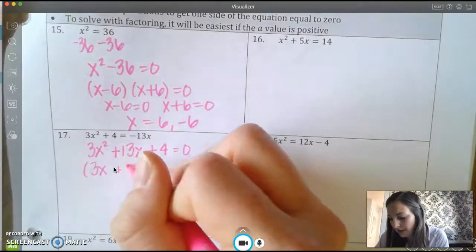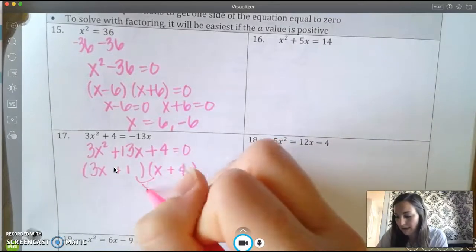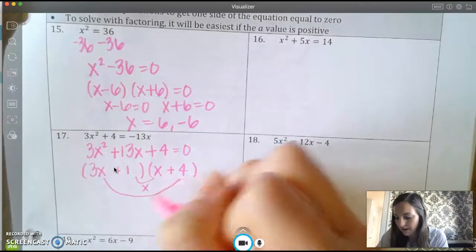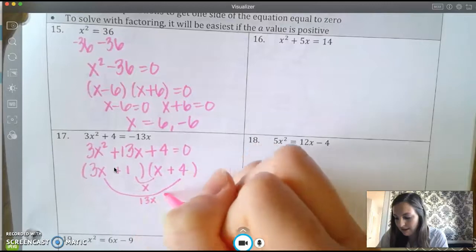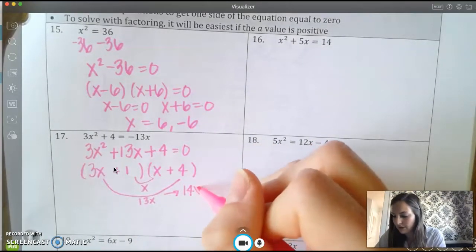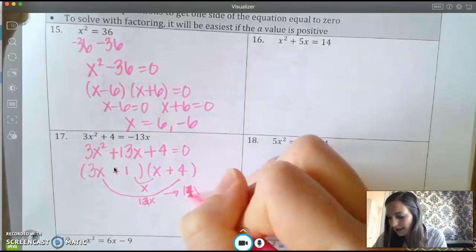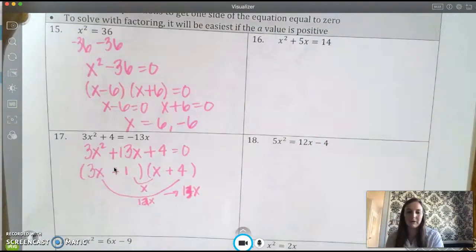So I'm going to try a positive 1 and a positive 4. This will give me x, and this will give me 12x, and that will give me 13x, which is exactly what I want, okay?